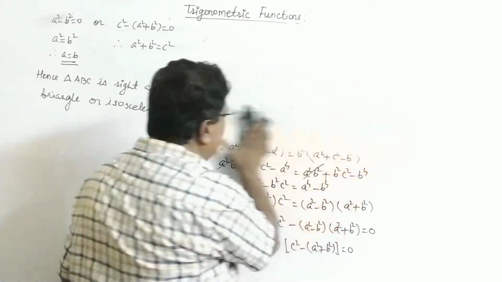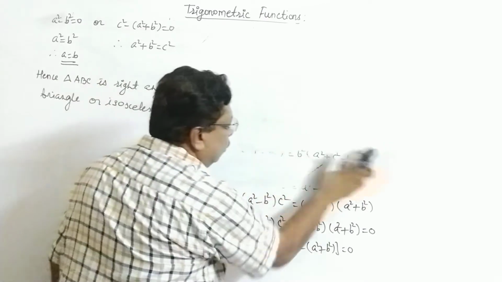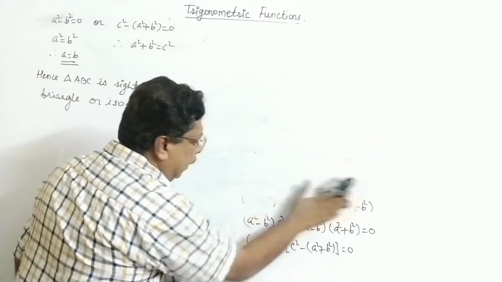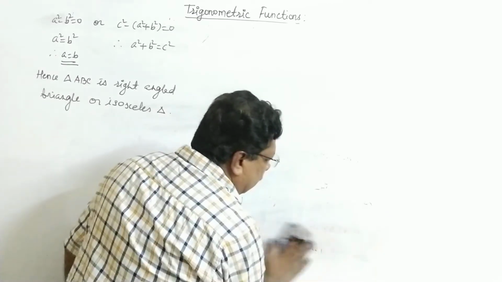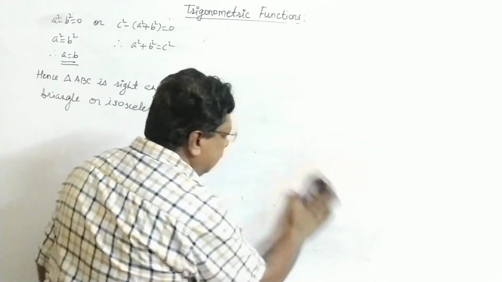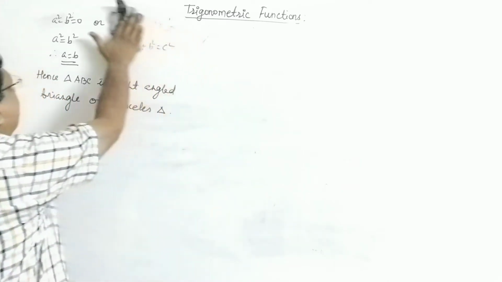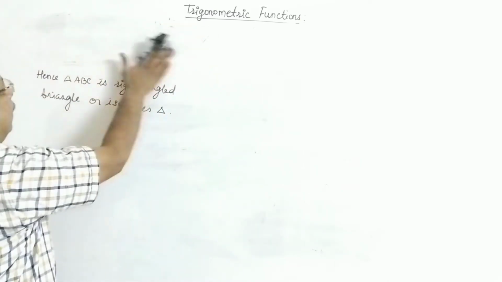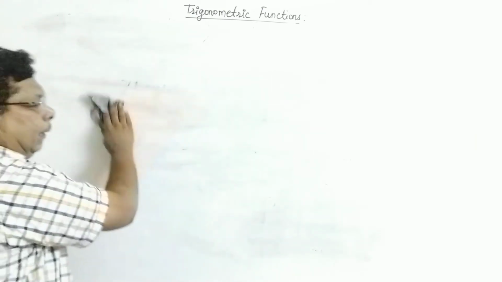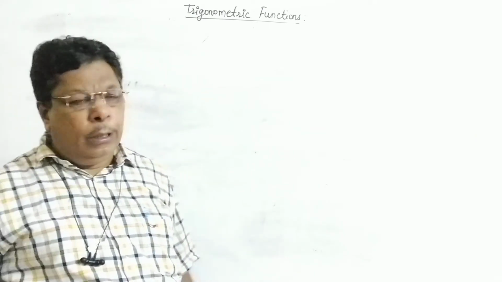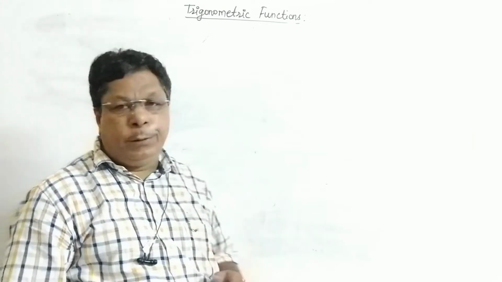In the next question we have to use both the rules, sine rule and cosine rule. Proofs of the sine rule and cosine rule are not required for this year due to COVID-19, but the problems are not deleted. So we will take the problems based on sine rule and cosine rule.